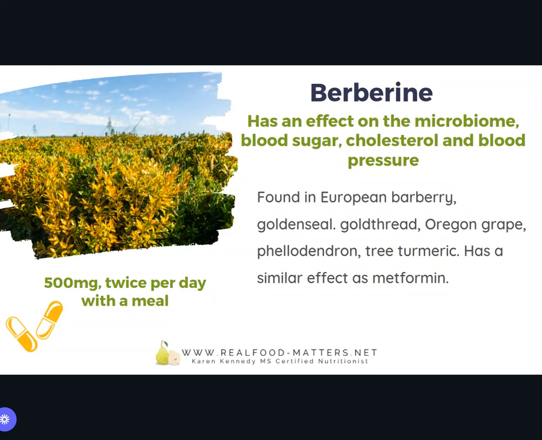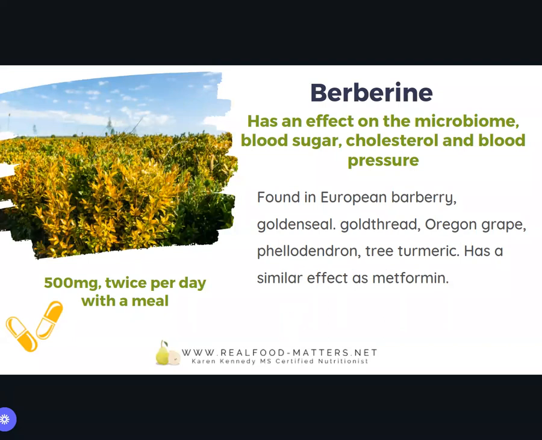It's really interesting. It's found in the European barberry, around here, the Oregon grapefruit, golden seal. And some people will take it just like a medication. And it has a really powerful effect, so much so that I know people who actually stopped taking it because it was a little too extreme for them.